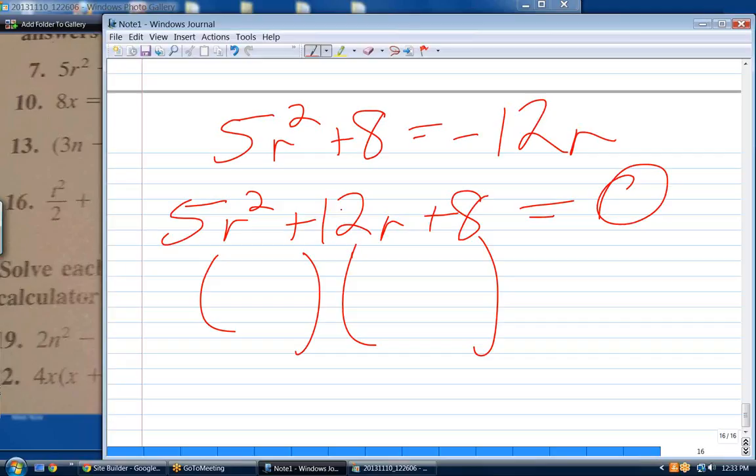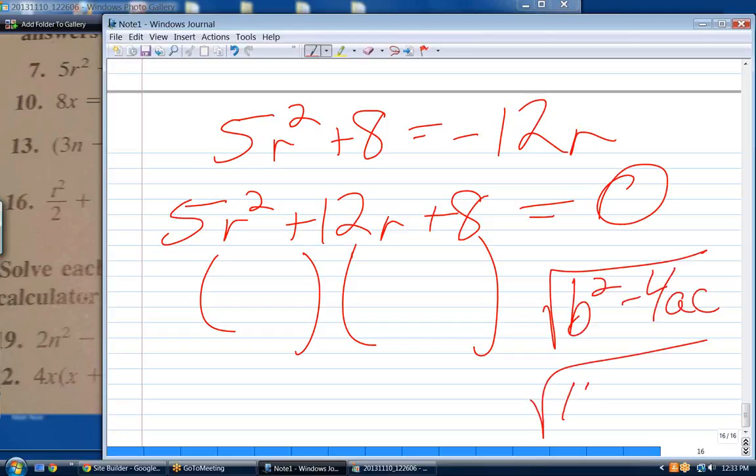In other words, what I just did in my head was calculate the discriminant. The discriminant being b squared minus 4ac, which is 144 minus 4 times 5 times 8, which is 160. That is a negative number, which means the factors are both going to be imaginary.